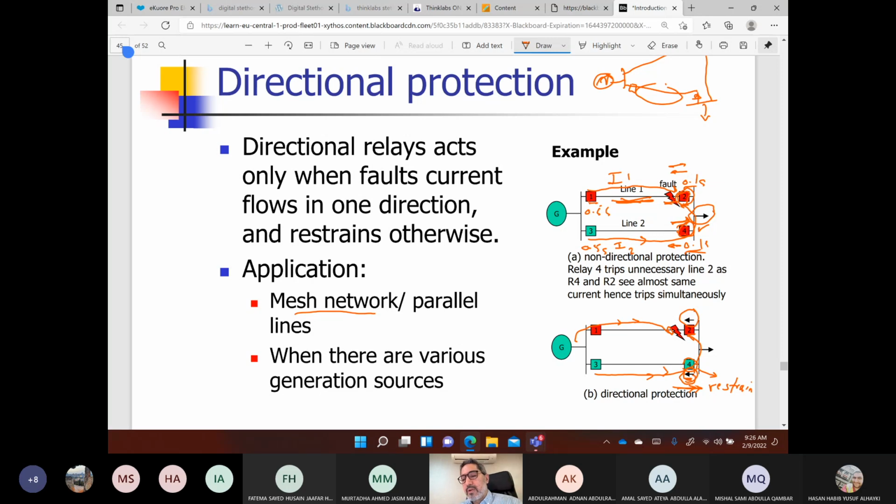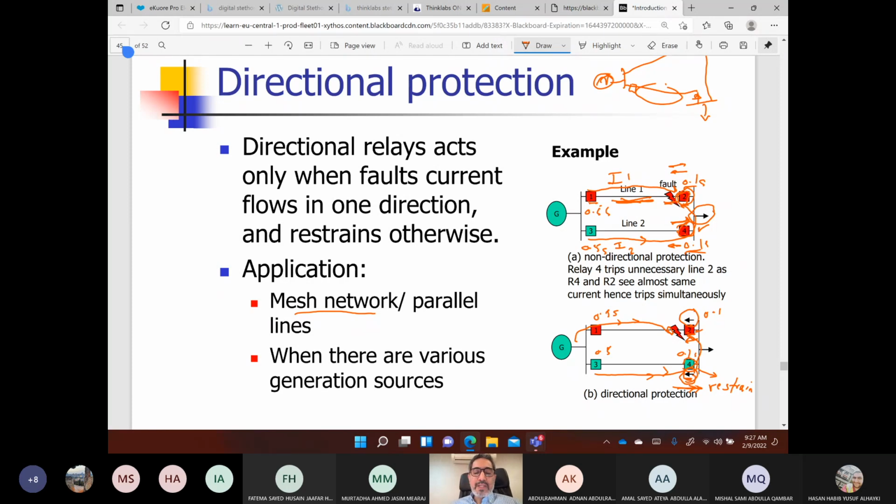It will refrain from operation because the fault current is opposite to the trip direction, although its setting is 0.1 seconds, and this setting is 0.5 seconds. But because 2 has a trip direction the same as the fault direction, this 2 will operate.